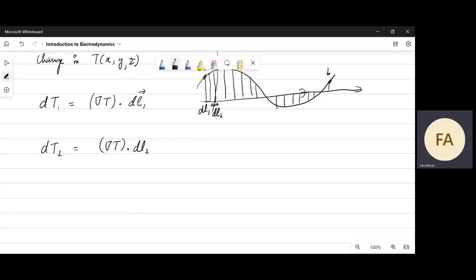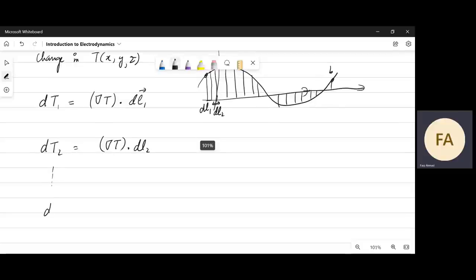If you have divided the whole line into, say, n pieces, the change at the nth point is gradient T dot dln.